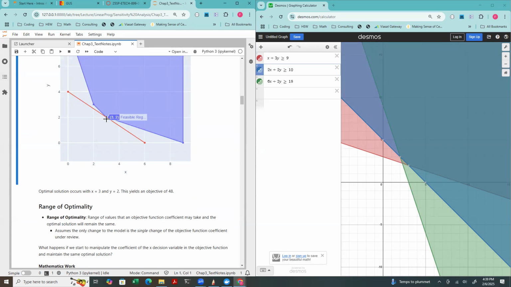That's what the range of optimality is: the range that a decision variable's coefficient can fluctuate and still keep the same optimal solution, in this case 3, 2.